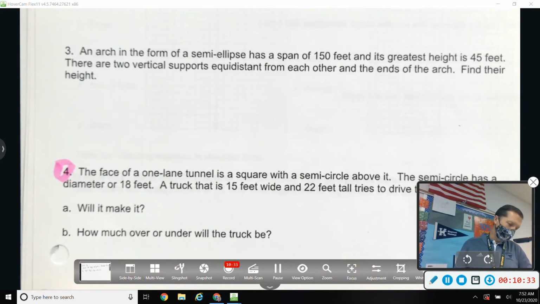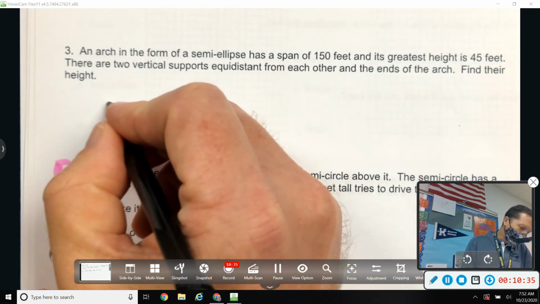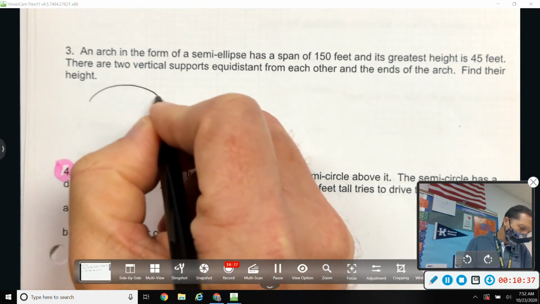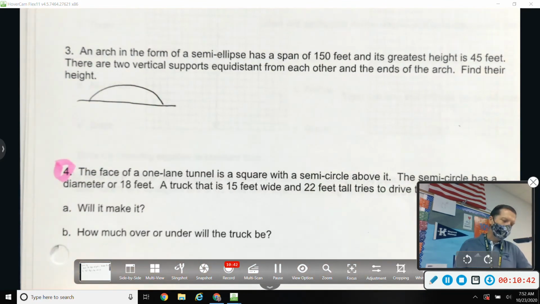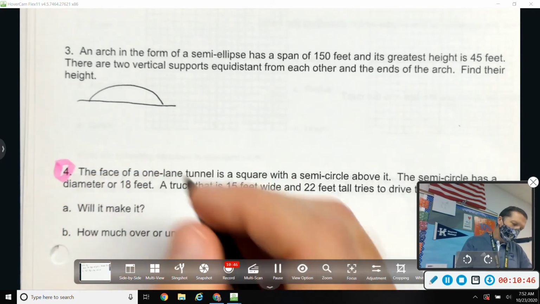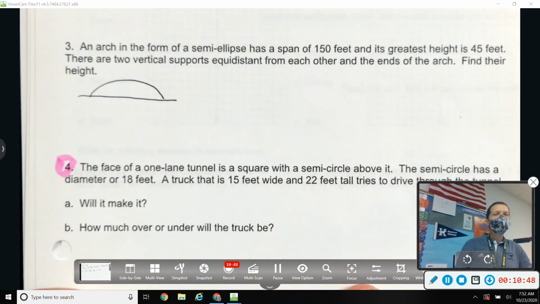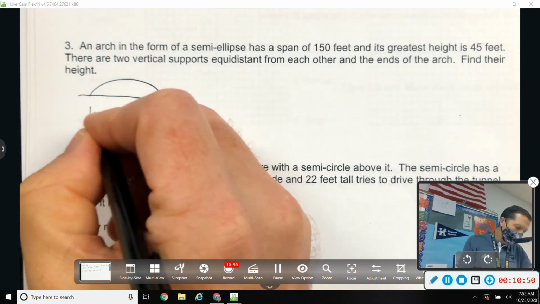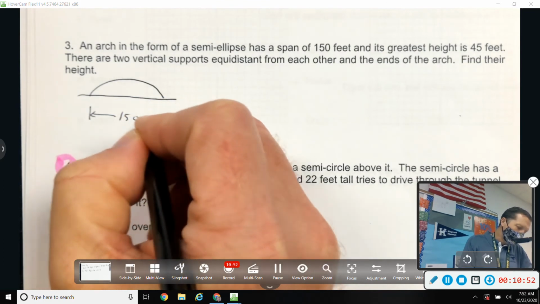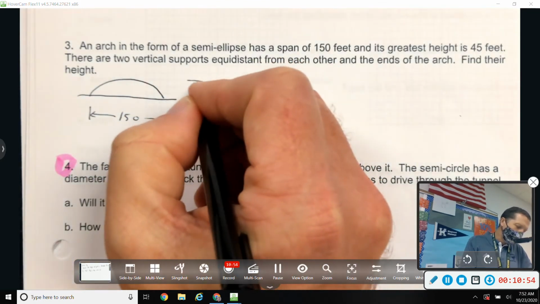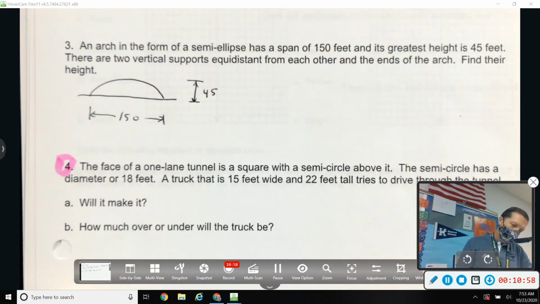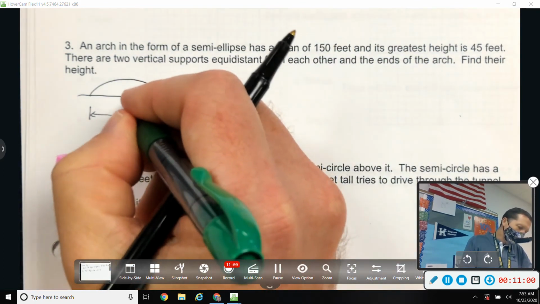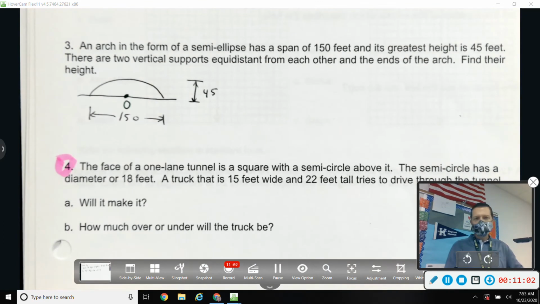Half of an ellipse. Has a span of 150 feet. It's not a parabola, it's a semi-ellipse. And a height of 45 feet. We're just going to barely start to set it up. So put your origin at the center, write the equation, and go from there.